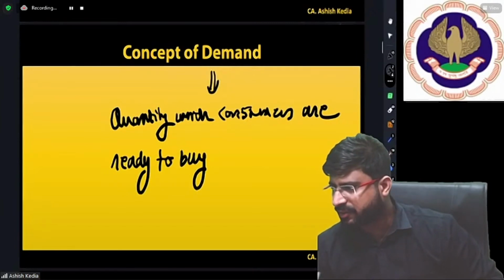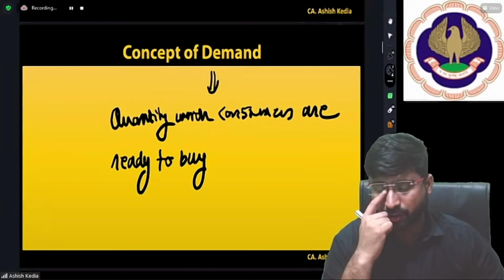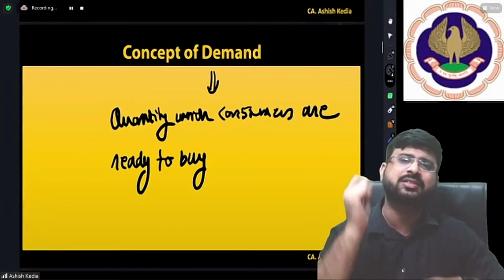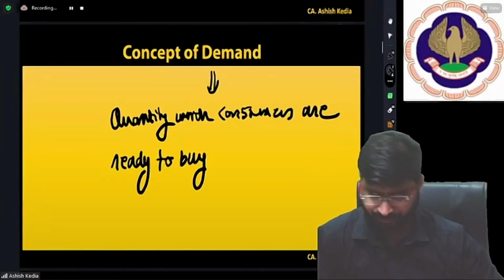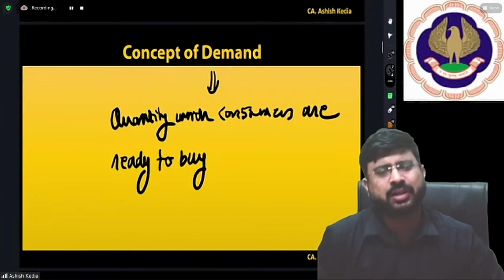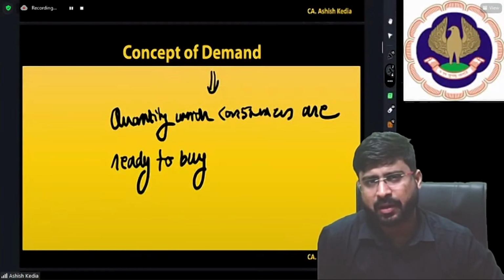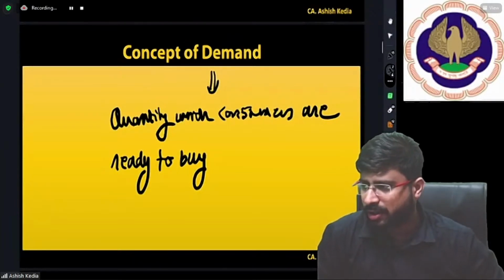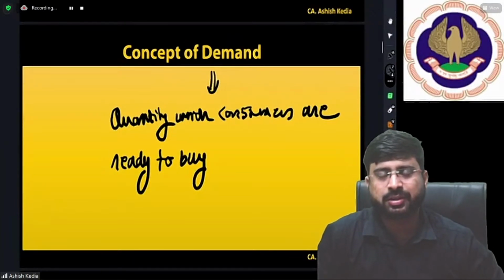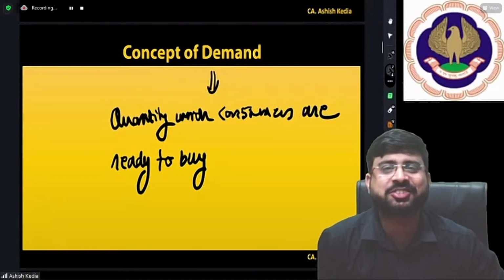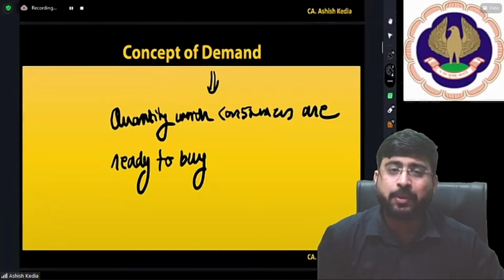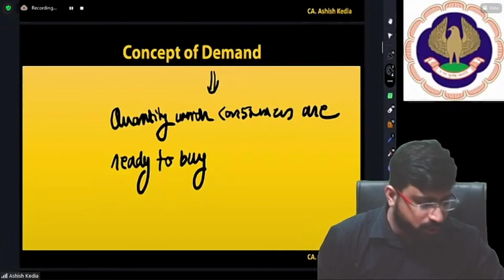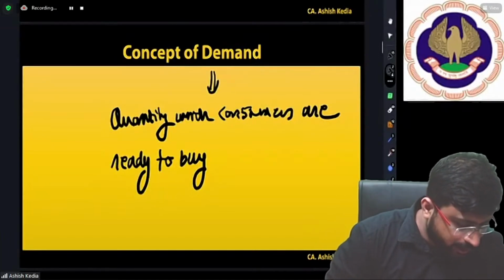If readiness is enough, you tell me one thing. I demand Taj Mahal then. Is it right to say this? Because readiness is not enough. Readiness plus ability, both have to go together, right?